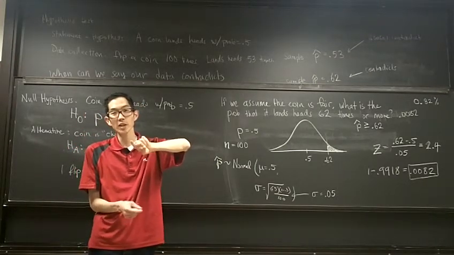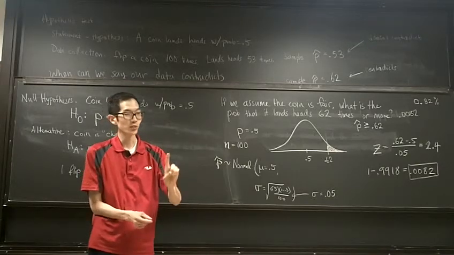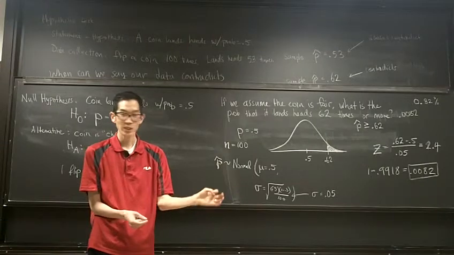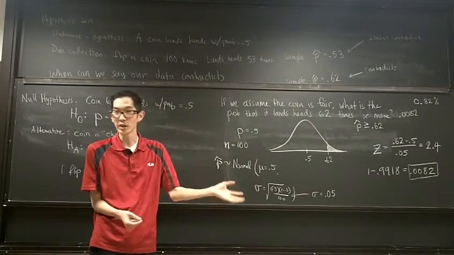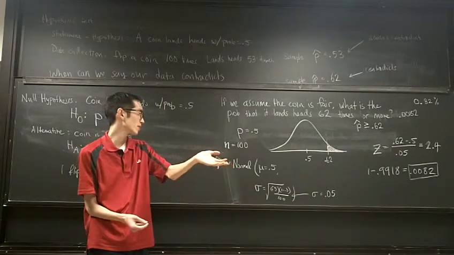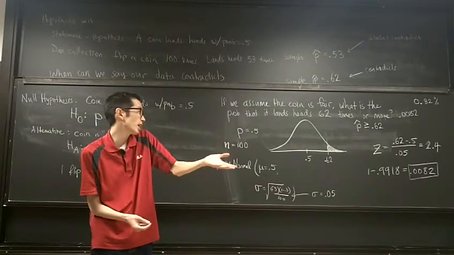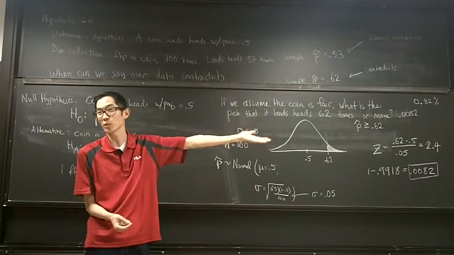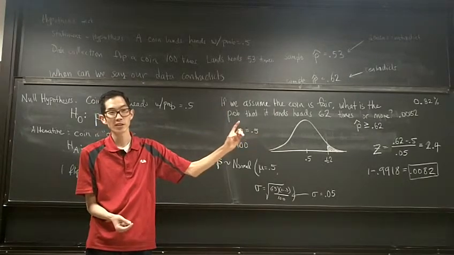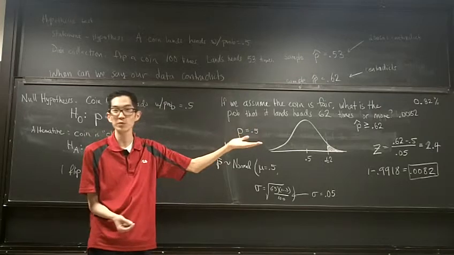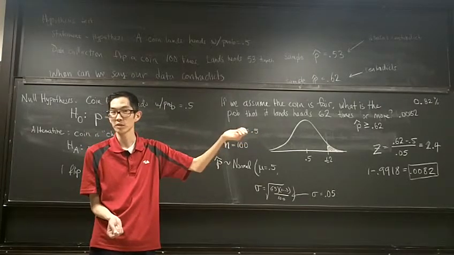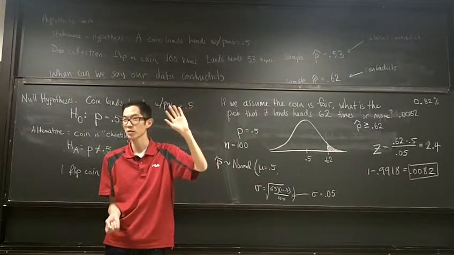Either we observed something pretty rare, where a fair coin happened to land heads 62 times, which happens less than 1 in 100 times. Or something is funny with the coin and it's landing heads more than it should. Does that make sense?